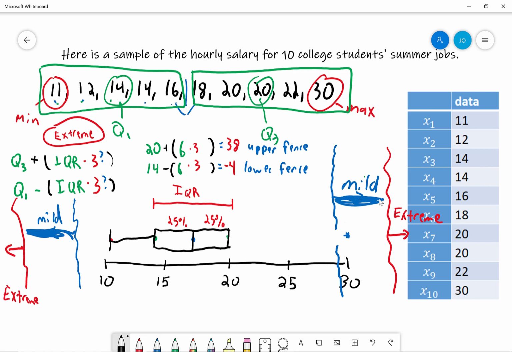So what we'll do next is we'll say, well, okay, this was deemed to be a mild outlier. We'll then go to the next observation in your data set, which in this case is 22. And if your next observation is an outlier, we would denote it as such. In this case, it does not fall beyond our fence. And so 22 will be our new quote-unquote max value. It's not the maximum value, but it's the maximum value that's not considered to be an outlier.